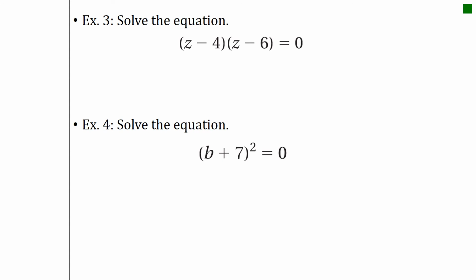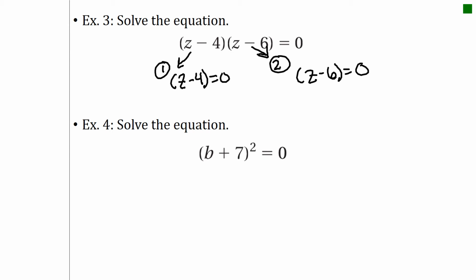All right, example 3. Another form you'll see is when it's z minus 4, when it has a binomial times a binomial, and you're going to break it up into two different multiplication problems. One of them must be 0 for the answer to be 0, so that's what we're going to solve for. Z minus 4 equals 0, and z minus 6 equals 0. Oh, I didn't need the parentheses, sorry.